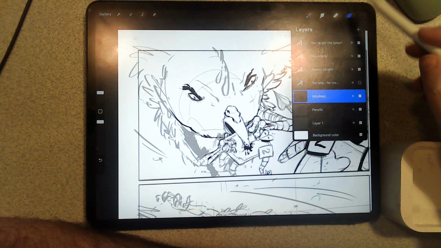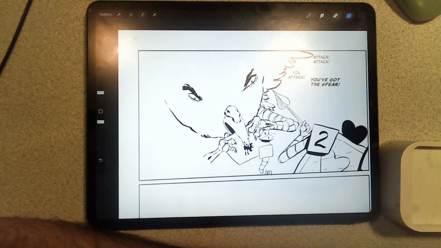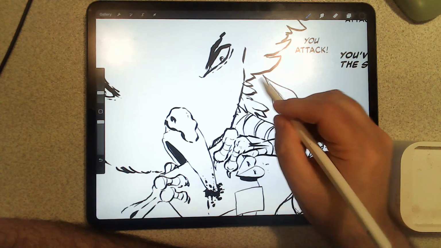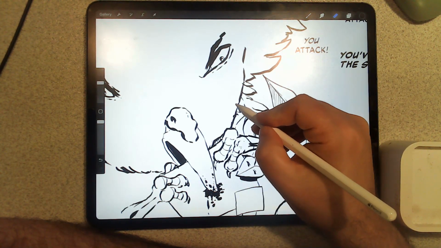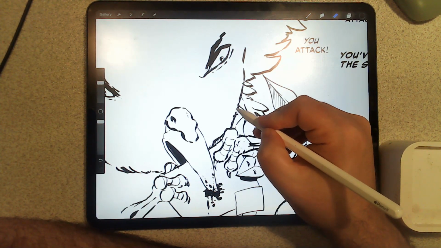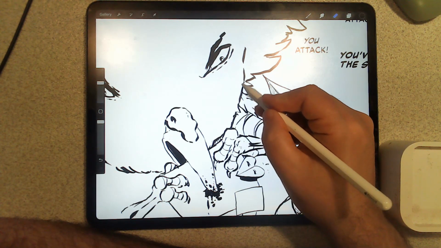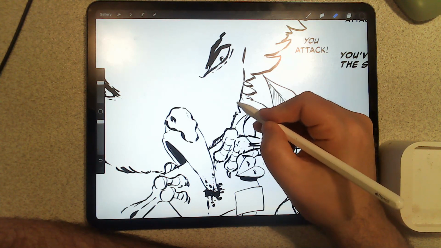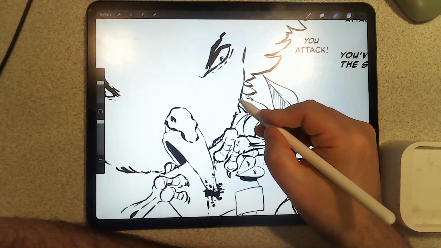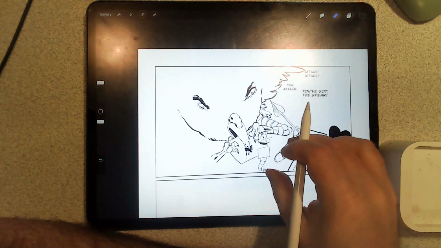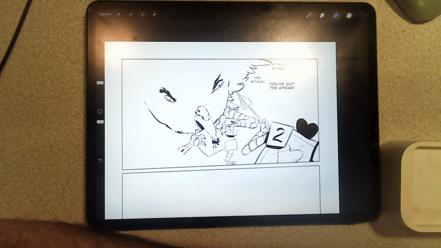Let's take a look. It's going to be a very complicated panel, so I got to make sure that it's as clear as possible once it's rendered, that the reader kind of understands what's going on. Because right now it's a little confusing.